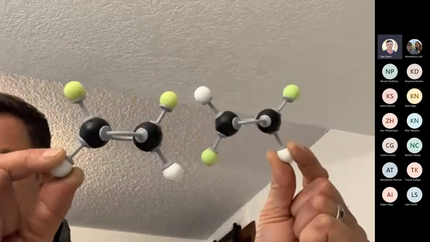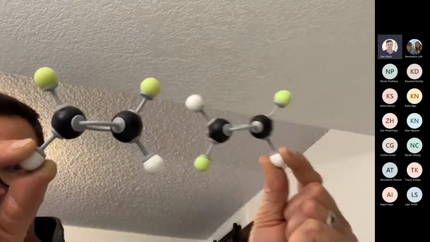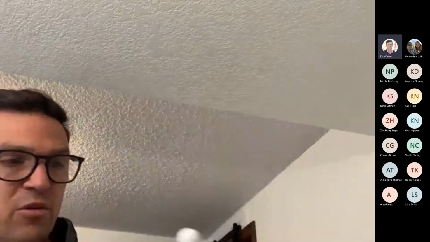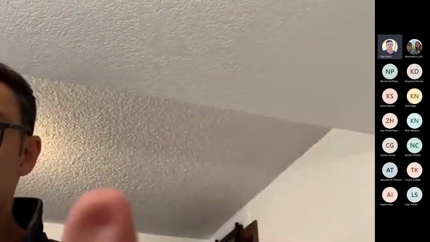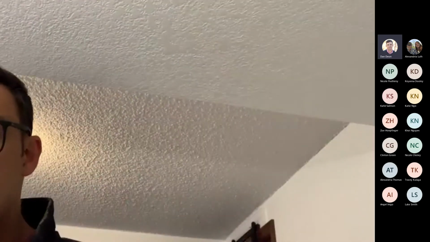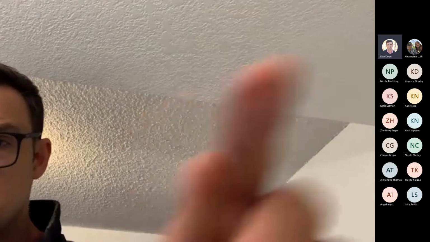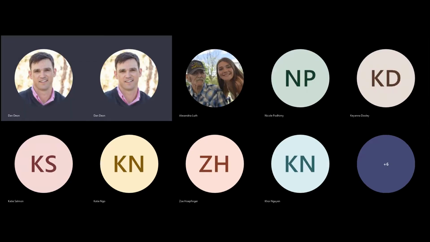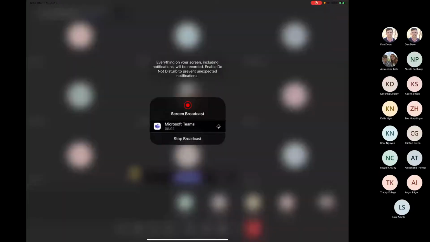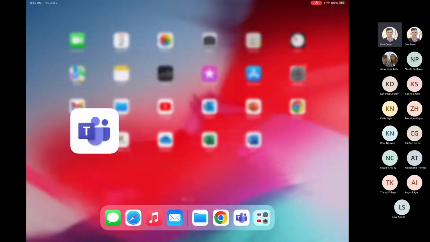Therefore, cis and trans isomers would be an example of diastereomers. Now, there are other examples that we're going to look at, but that's actually the simplest type of diastereomer that I can show you. So is everybody with me on a diastereomer, or at least the definition of it? Cool. Pretty neat, huh?